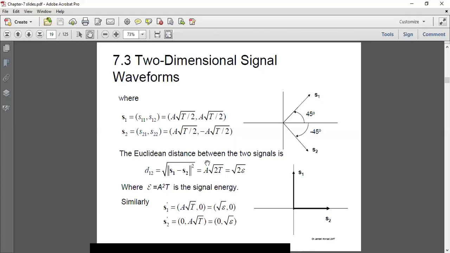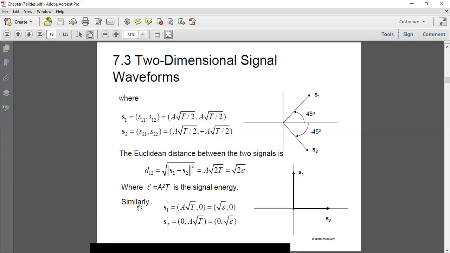The Euclidean distance between two signals is given by the difference. So take the difference of the two vectors, square it, and take the square root. The Euclidean distance is square root of 2 times E, where E is the energy, A square T.